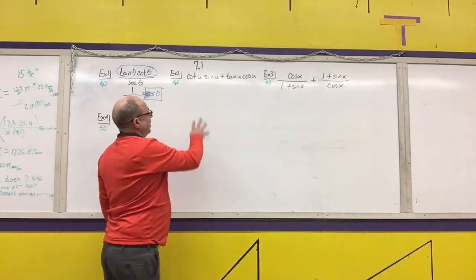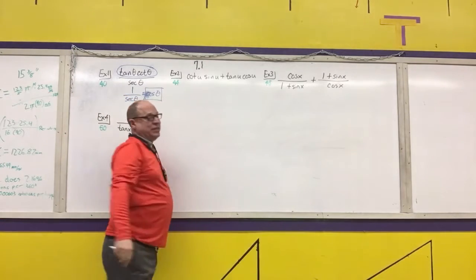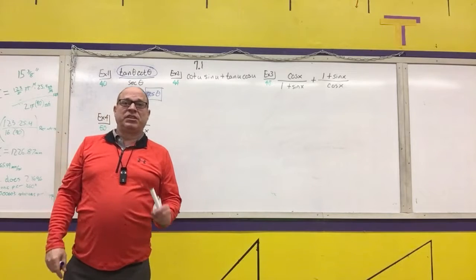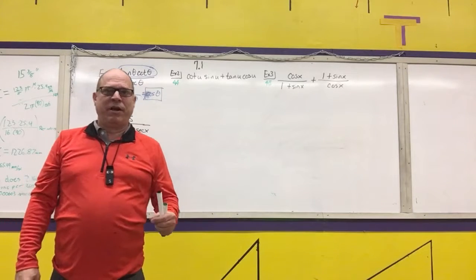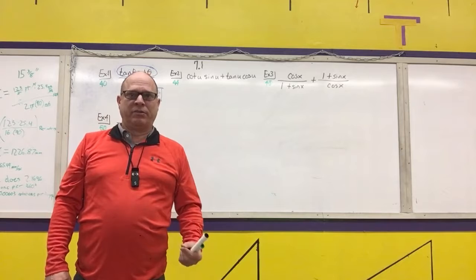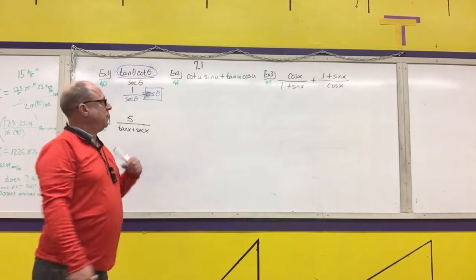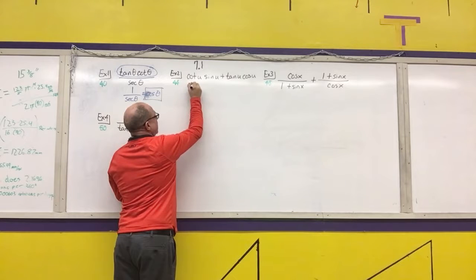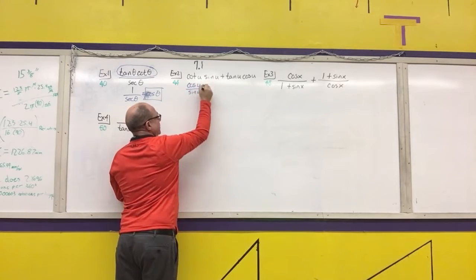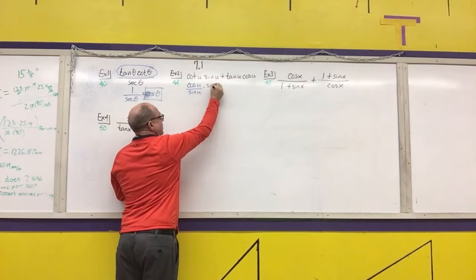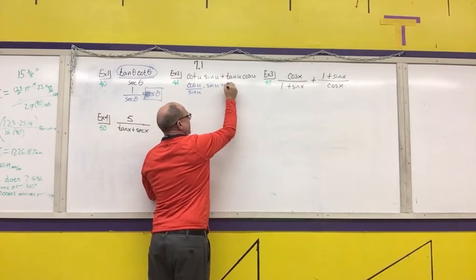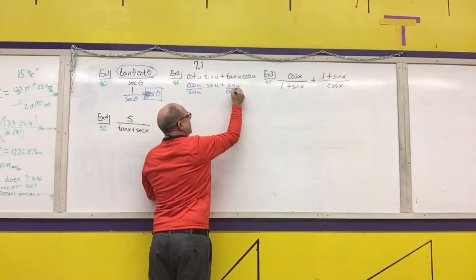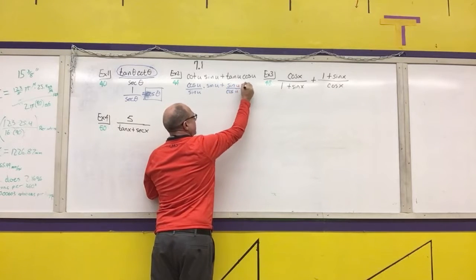The second one, I've got 4 different trig functions I have to deal with. So the first thing I'm going to do is rewrite every one of them as part of the fundamental trig functions, sines and cosines, and see what I have. Well, cotangent is cosine over sine times sine. Tangent is sine over cosine times cosine.